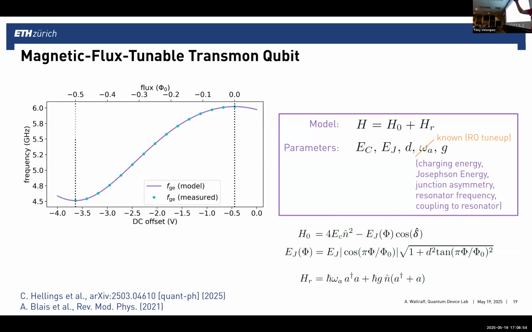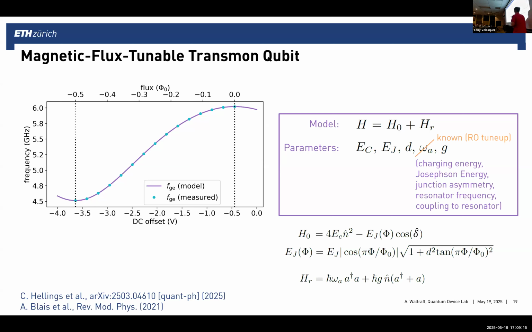So if the two tunnel junctions had exactly the same size, or the same Josephson energy, then at this particular flux, at plus or minus half a flux quantum, the transition frequency would go to 0. And if the two tunnel junctions are different in size, with different Josephson energies, this asymmetry will determine the lowest frequency that you can reach.